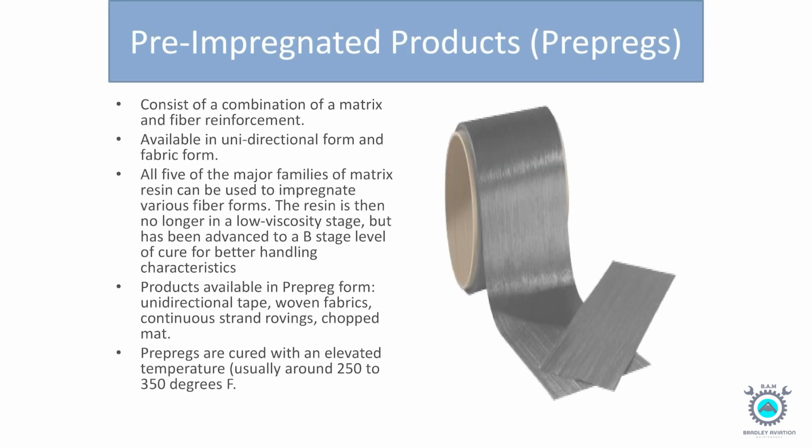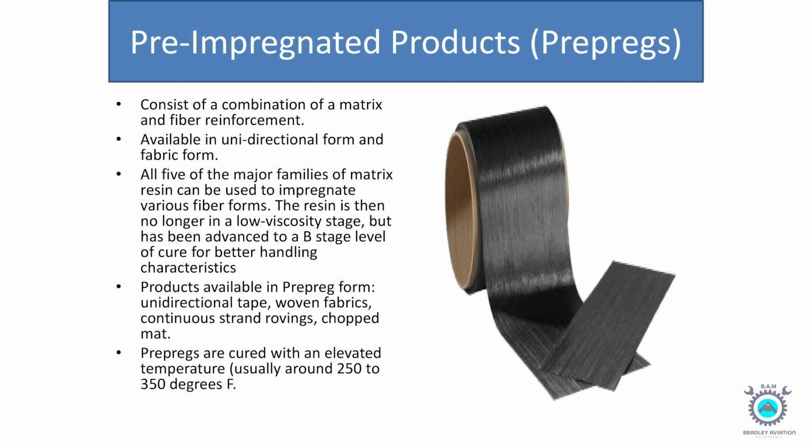The pre-impregnated products consist of a combination of a matrix and fiber reinforcement, available in unidirectional form and fabric form. All 5 of the major families of matrix resin can be used to impregnate various fiber forms.